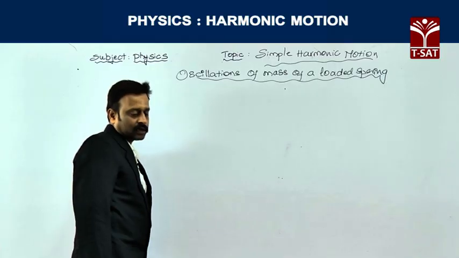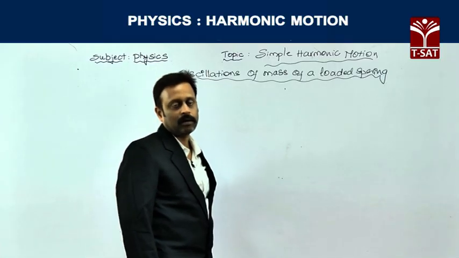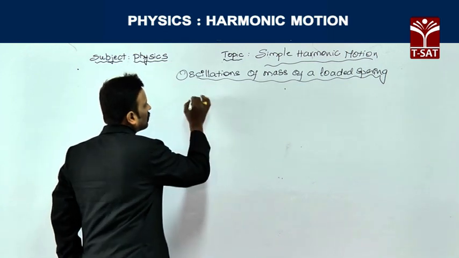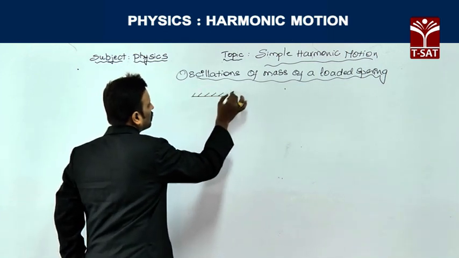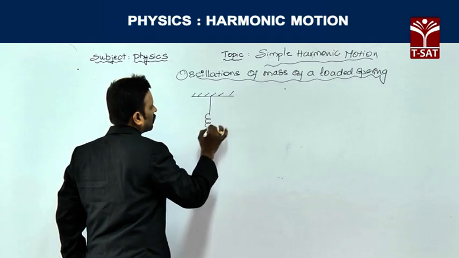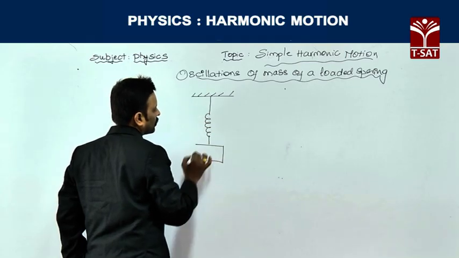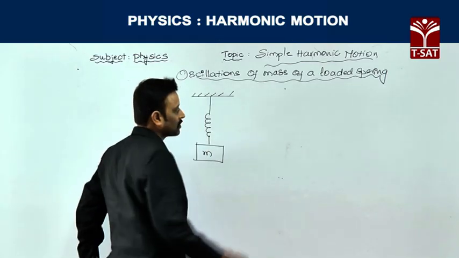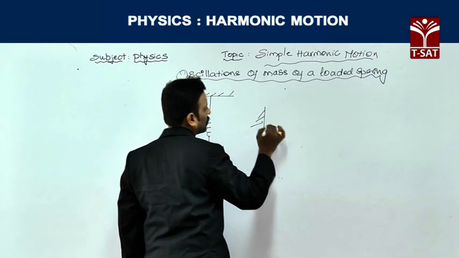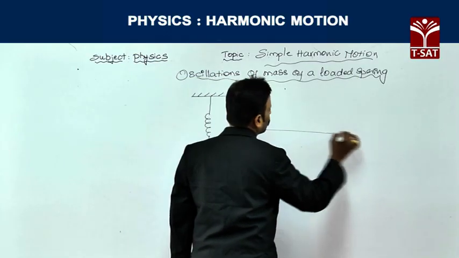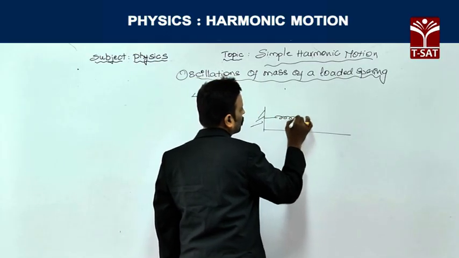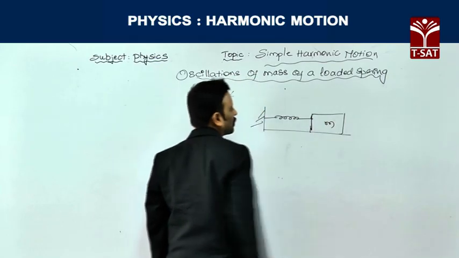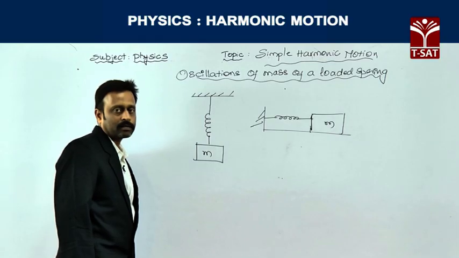We consider a spring, and let some load be attached to it. Then what happens to its oscillations? As you can see here, a spring to which some load of mass small m is attached, either in this fashion or let a certain mass be attached to a spring.